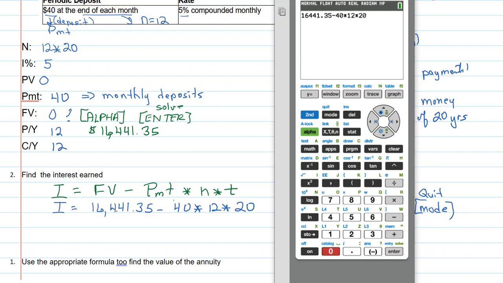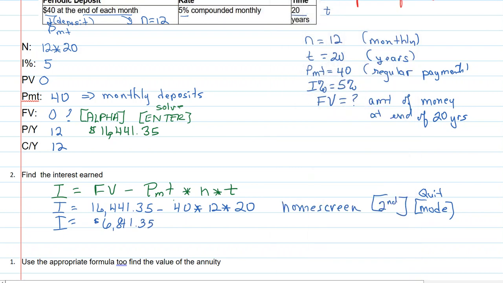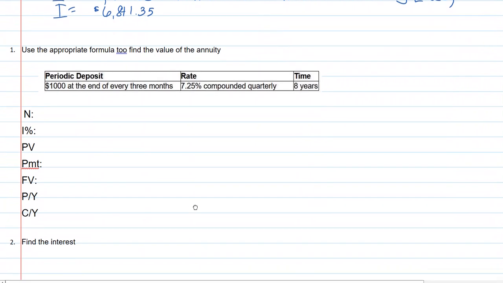Now I'm going to make sure I have the times in between. 16,441. Oh, we're good. And we have an interest earned. Make the money work. We have earned $6,841.35.